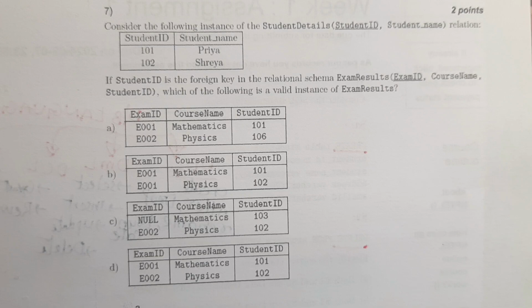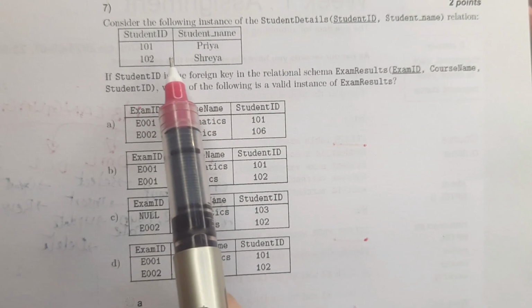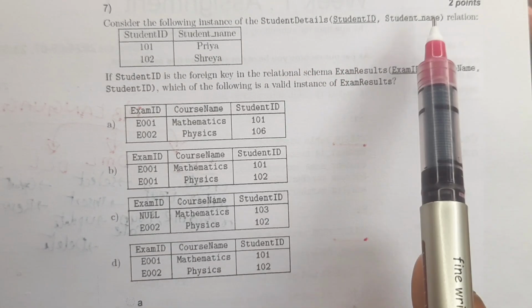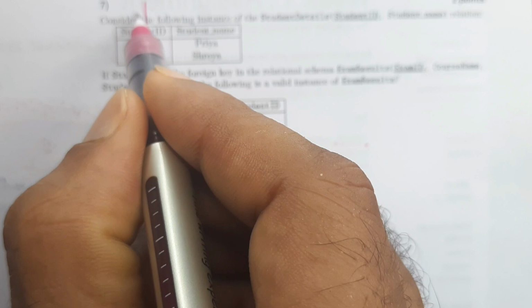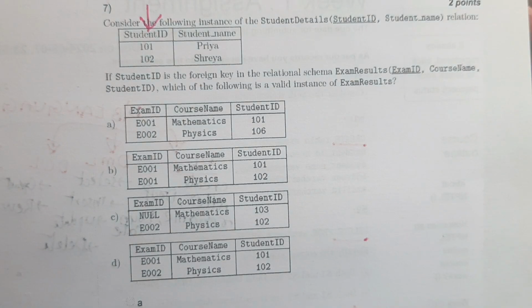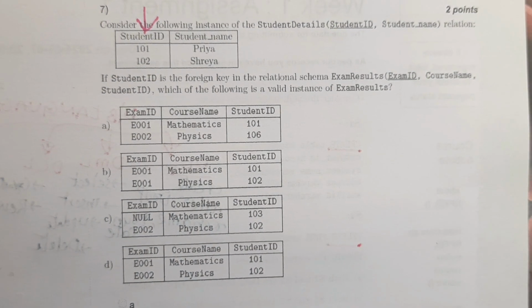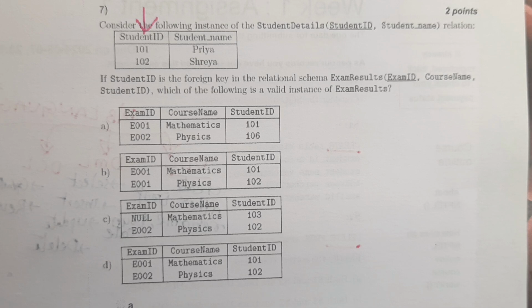Now, when you see foreign key, what is the meaning of this in this relation? SID, S name is there. If the SID is a foreign key, then which of the relations is going to have a valid instance?